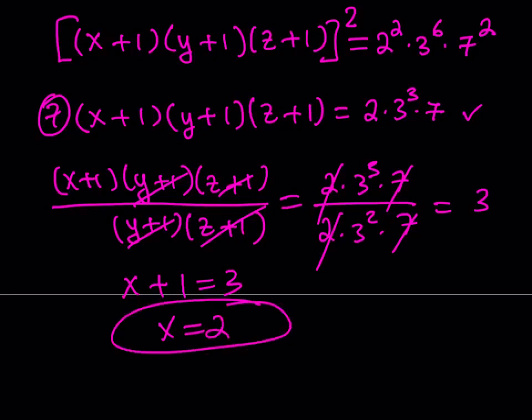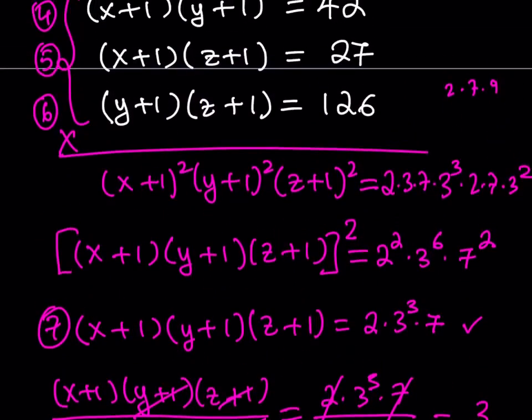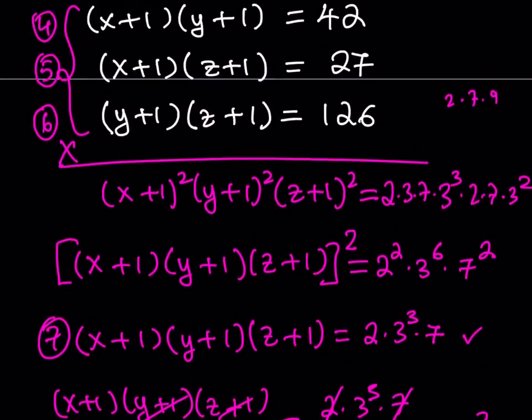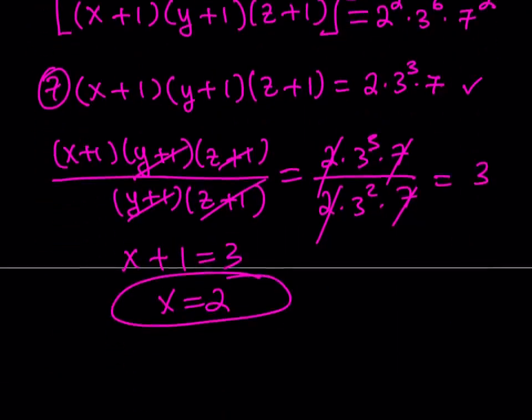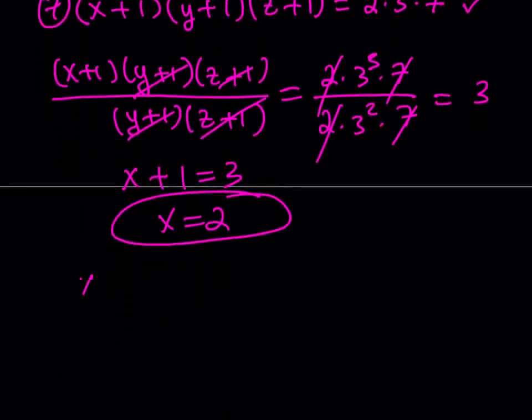Cool. And if you do the same thing, take number 7 and divide it by number 5, which is 27, then you should be getting the value of y plus 1.